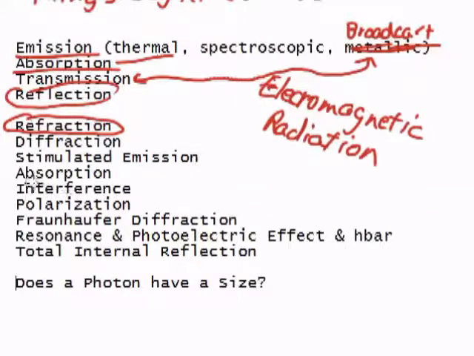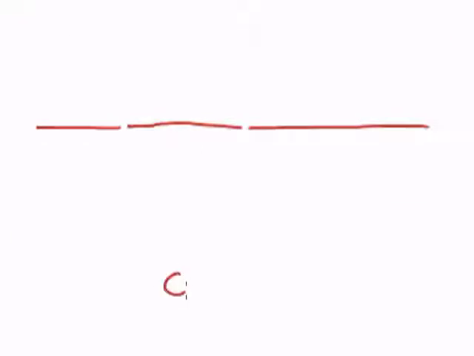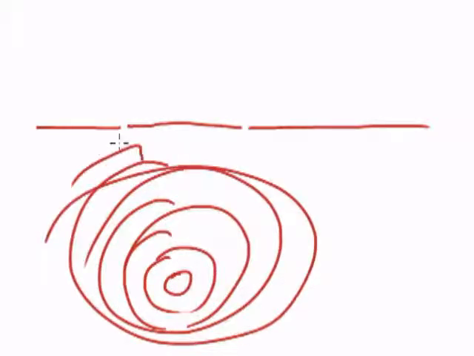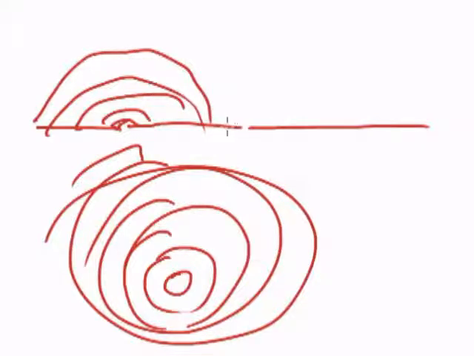Next, I'm going to start talking about interference effects, because interference effects include diffraction and Fraunhofer diffraction. They also include something called two-slit interference. And what interference does, if I have a light bulb over here and it's producing light waves that come out in circles, and it hits right here, and it will produce a continuing circle, and it hits right there, it produces a continuing circle.